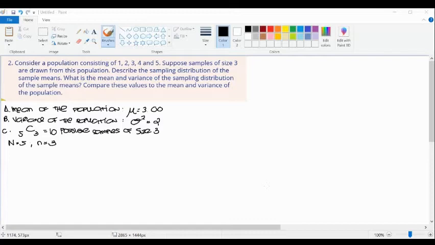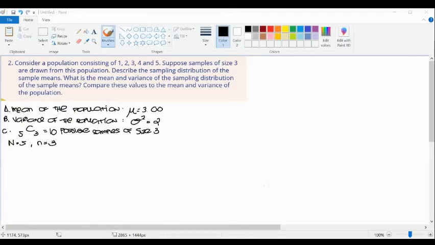Compare these values to the mean and variance of the population. So same question that we have on our first example. The only difference is that the size of the sample is 3. For the first example, we have the size of 2. So therefore, the mean of the population would be 3, and the variance of the population would be 2.